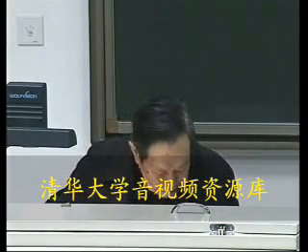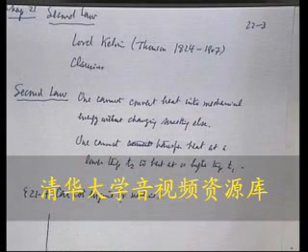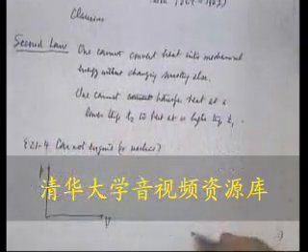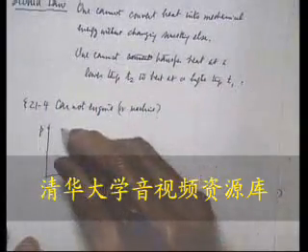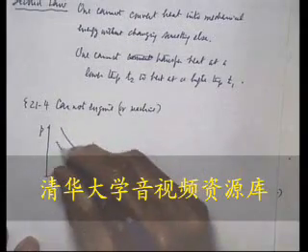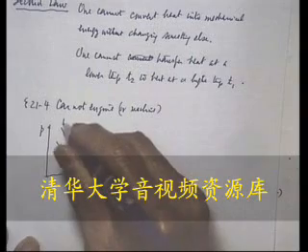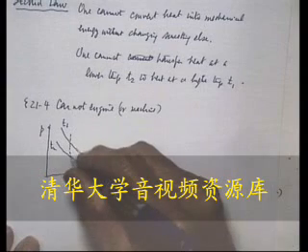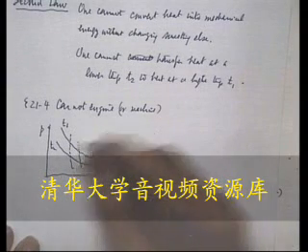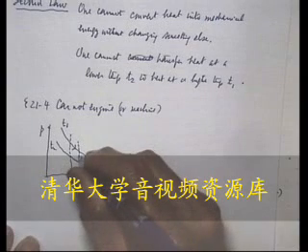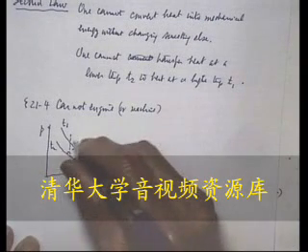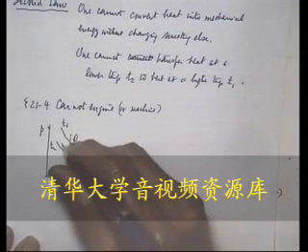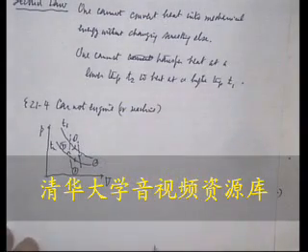The Carnot cycle. We will consider a PV diagram. It operates between two temperatures, T1 and T2. It goes through 4 steps: 1, 2, 3, 4.